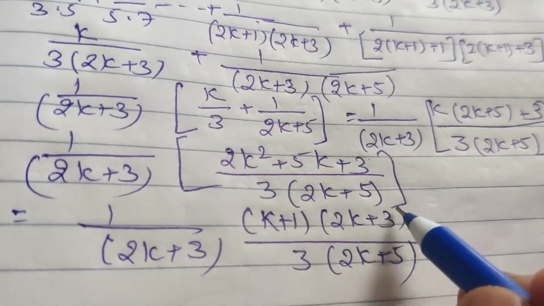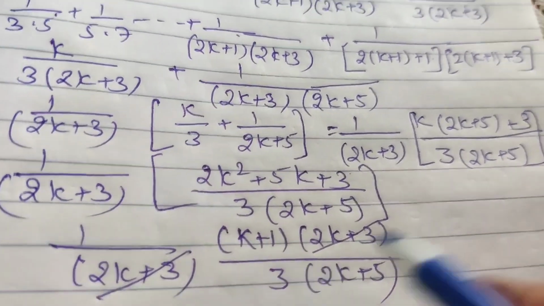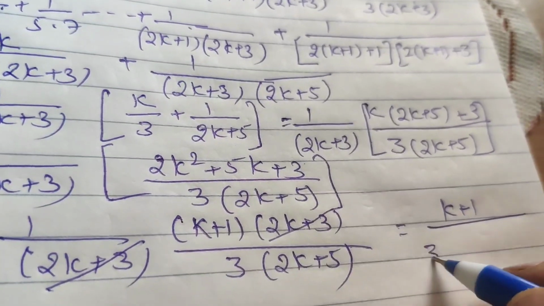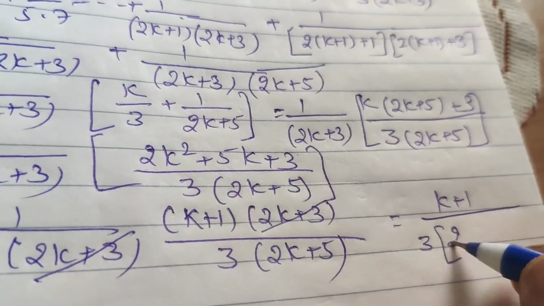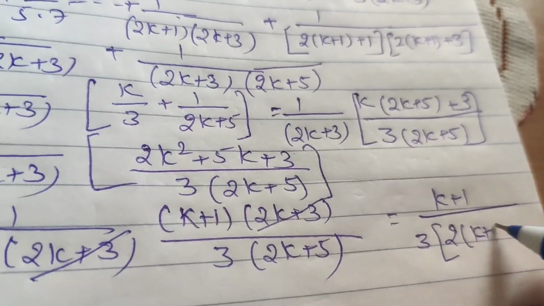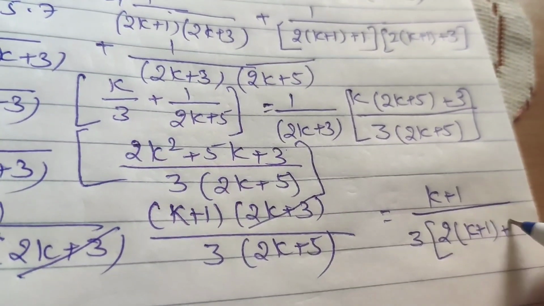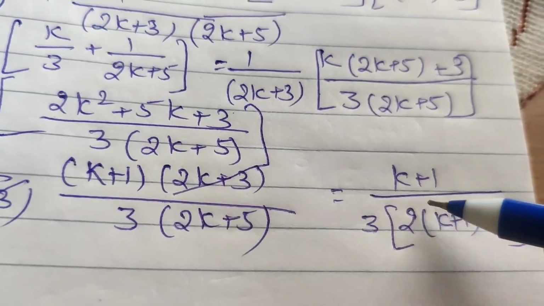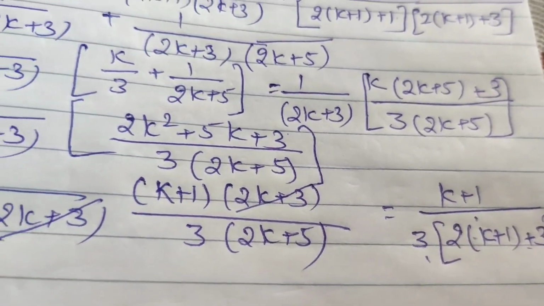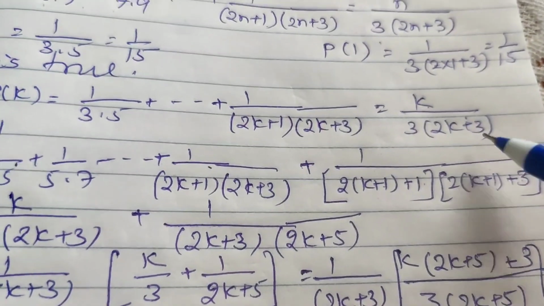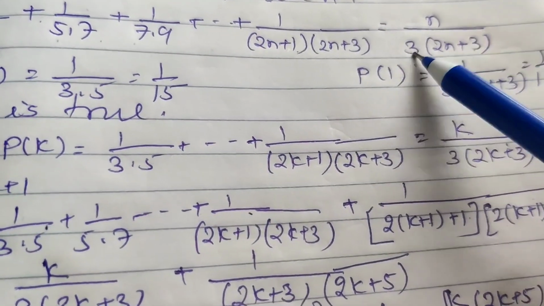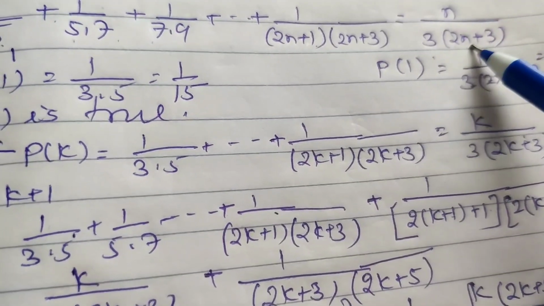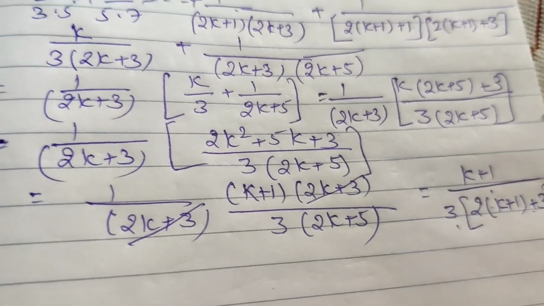Now this term cancels. We can write k plus 1 by 3, and 2k plus 5 we can write as 2 into (k plus 1) plus 3. It is in the form of n upon 3(2n plus 3). This is the sum of the series. Here n upon 3(2n plus 3) becomes k plus 1 upon 3(2(k plus 1) plus 3). It means it is true.